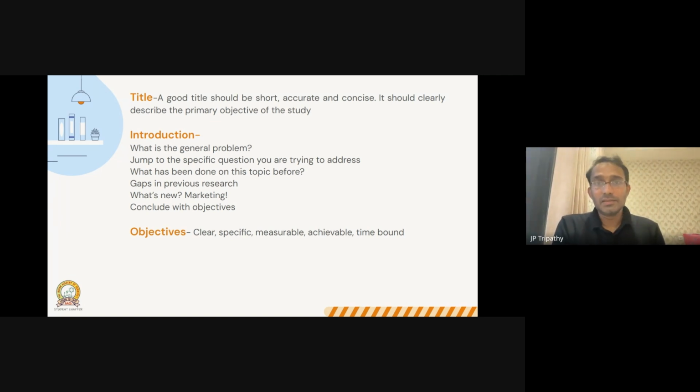So if people have done something already, what are you trying to do? Then you try to find out what people have not done. So what is the gap in previous research? If people have done XYZ on this topic, but they haven't touched on some particular aspect, that's what is new in your study, and that's how people market or publicize their study.